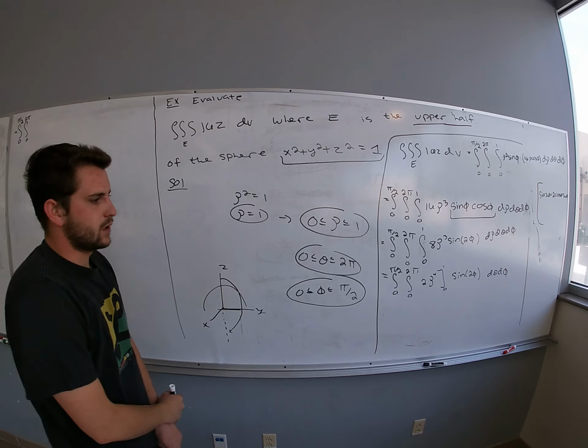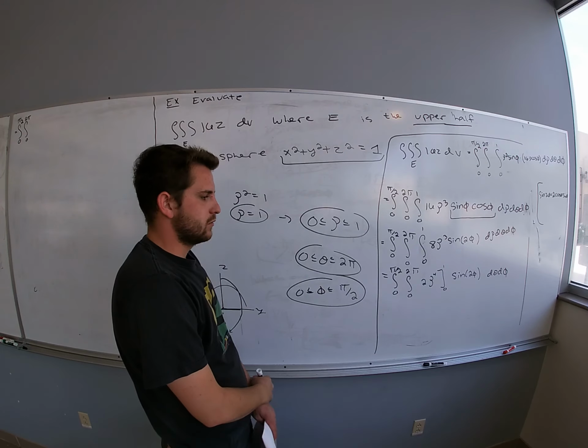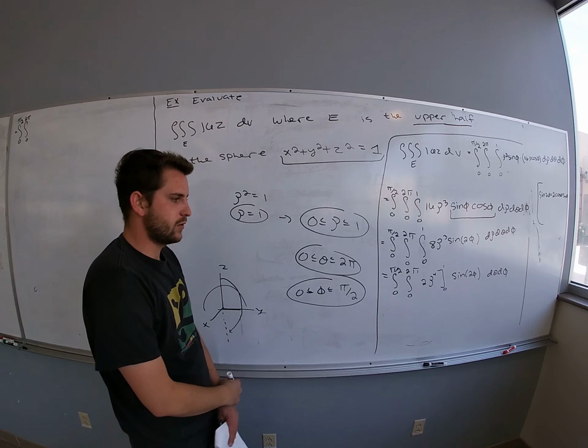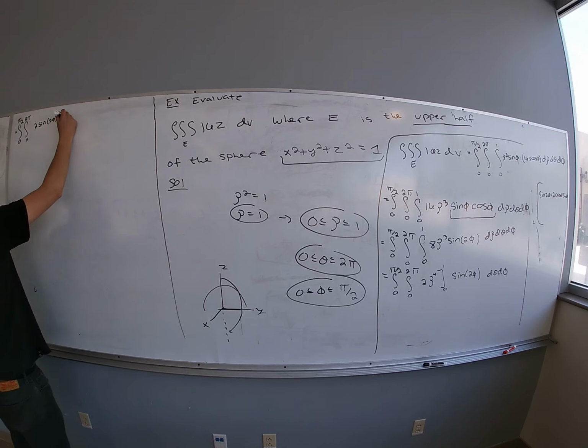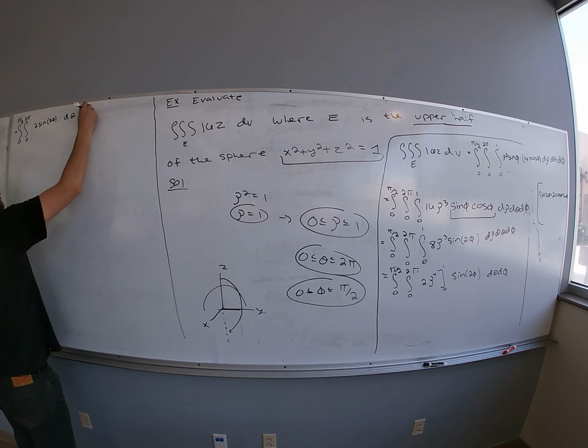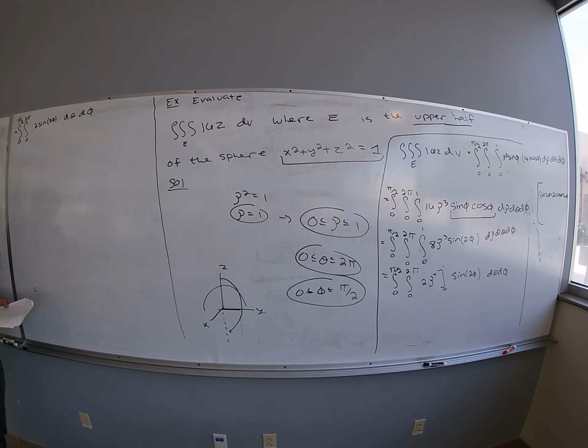Plugging this in, that 0 is not going to do anything to my rho, and the 1 to the 4th is just going to give me 2, whatever that's tacked on. So I have 2 sine 2 phi d theta d phi. Okay? That is correct, right? Let's see. Yes.